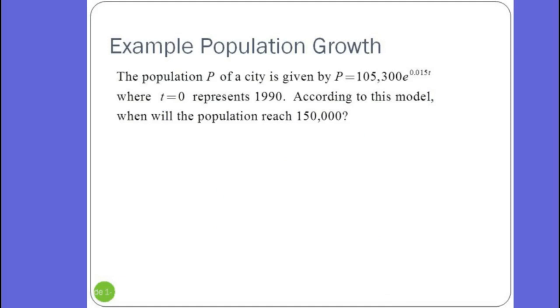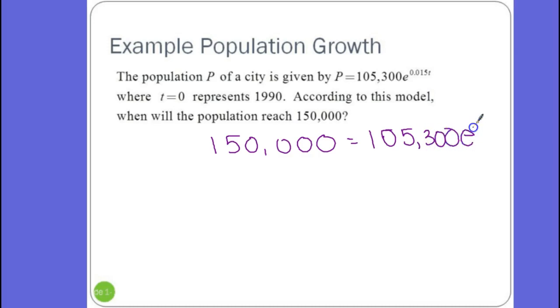Okay, population P of a city is given by the following expression, where t is years since 1990. According to this model, when will the population reach 150,000? That 150,000 is not going in for t. t is time in years. It is going in for P. This is like what we touched on yesterday.